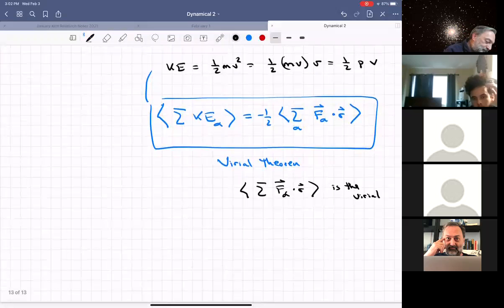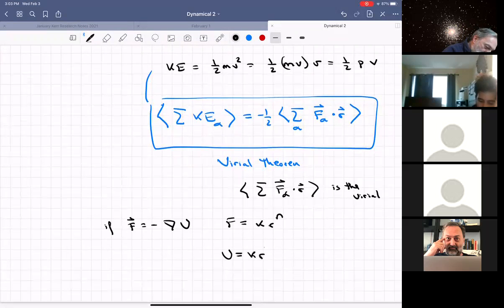So now, if the force is minus the gradient of the potential energy, and the force is some k r to the n, then the potential energy is k r to the n plus 1.